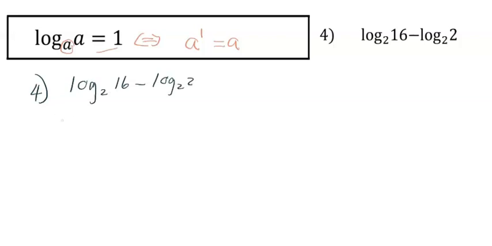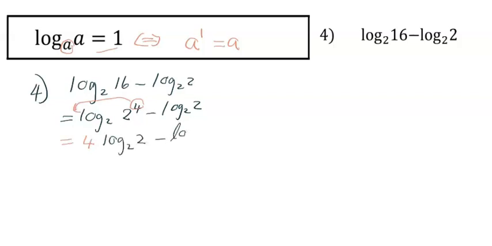I can first of all write log base 2 of 16 as log base 2 of 2 to the 4, minus log base 2 of 2. The 4 can go to the front from the previous law. Then I get 4 log to the base 2 of 2 minus log to the base 2 of 2. That will give me 3 times log base 2 of 2, but this is just 3 times 1, which is equal to 3.